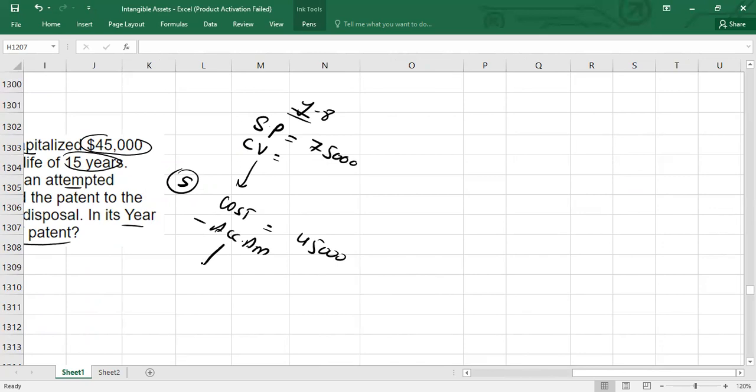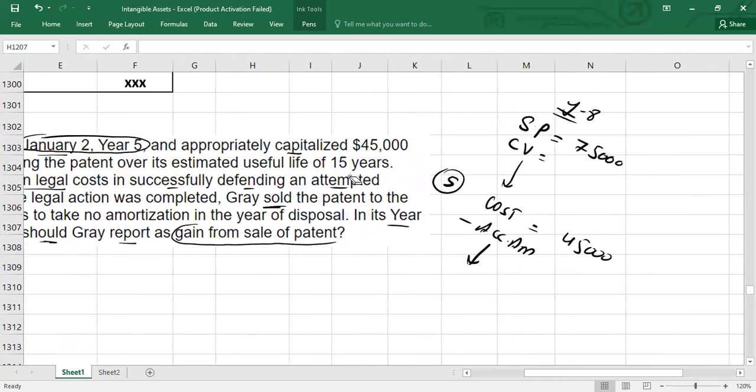So you are amortizing over the useful life, and useful life is given as 15 years. You can see here, 15 years. So if you want to calculate amortization, you need the cost of the asset, which is 45,000, minus residual value, which is 0, as it's not available in the question, divided by 15 years, the useful life. You will get amortization expense for 1 year, which is going to be 3,000 per annum.